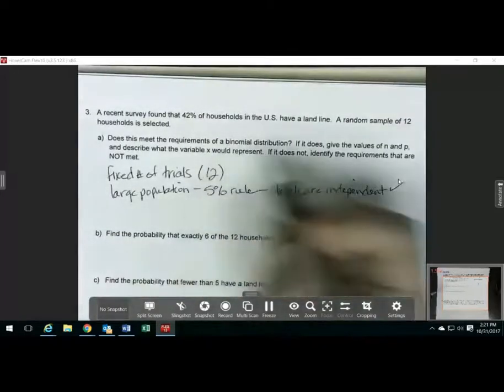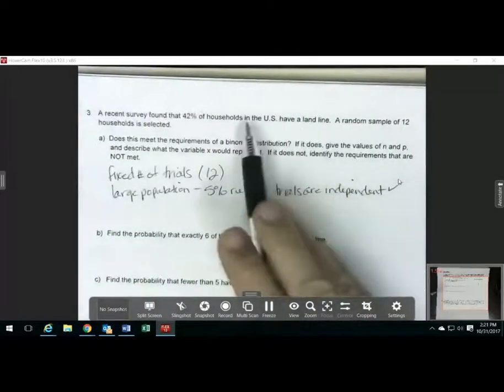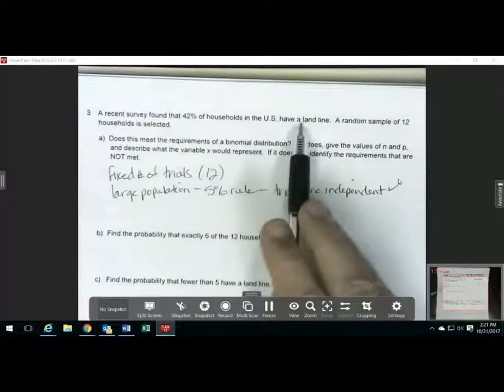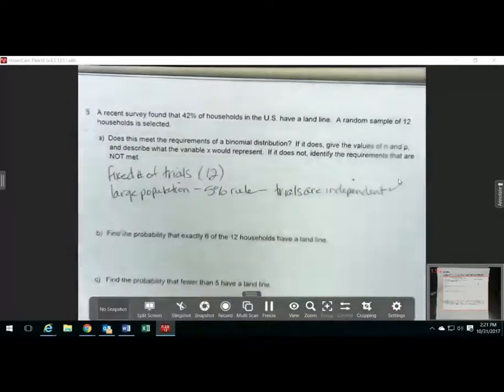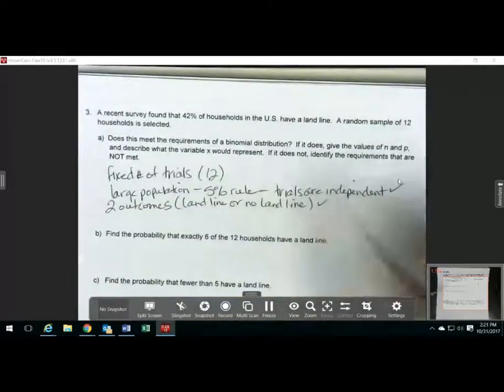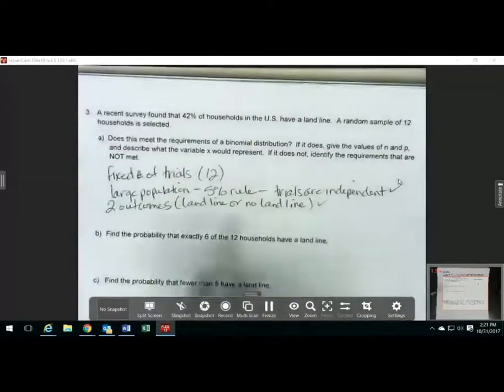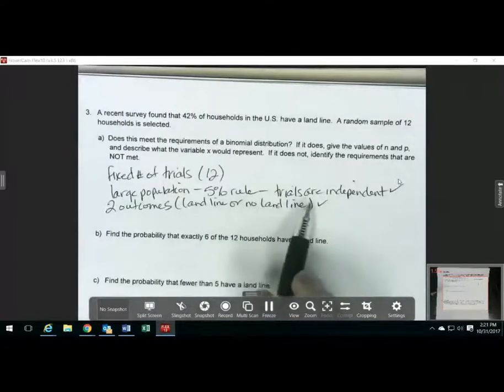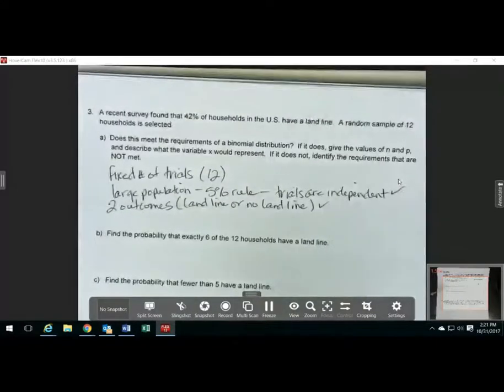We want to look at our outcomes. What they're asking is about whether the household has a landline or not. So that makes our 2 possible outcomes. So that requirement is met. And then the other one is that the probability of success is the same for each trial.